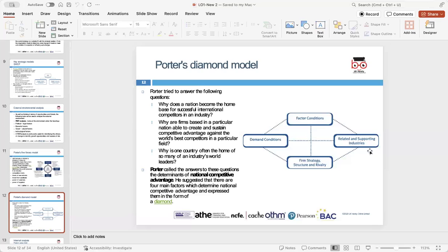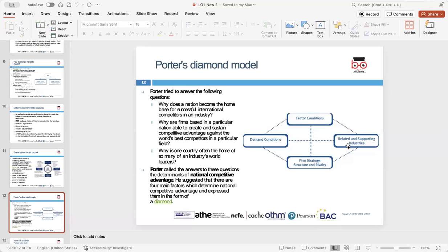Factor conditions: the nation's endowment of resources such as skilled labor and infrastructure. Demand conditions: the nature of home market demand for the industry's products and services. Related and supporting industries: the presence of suppliers and related industries that are internationally competitive.